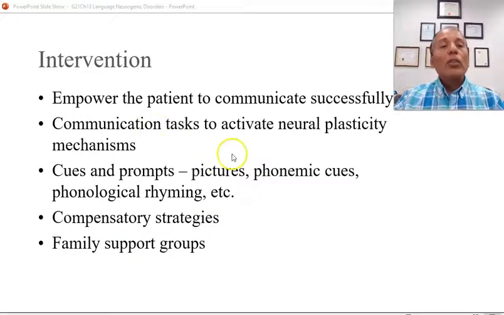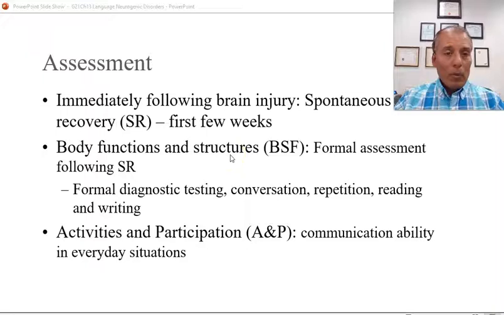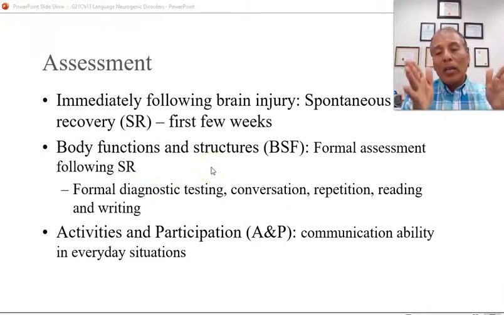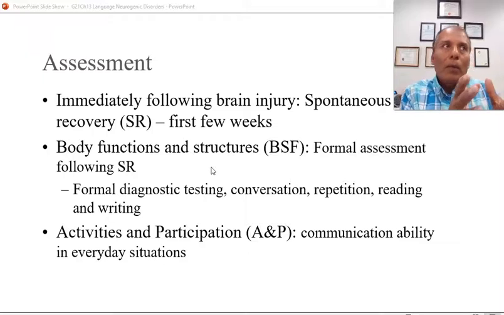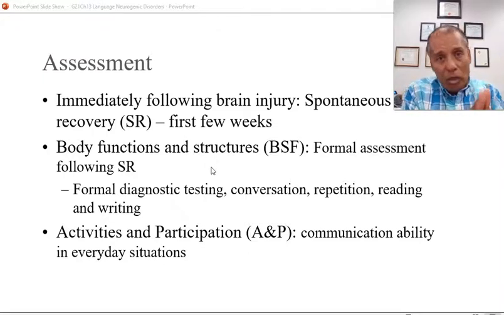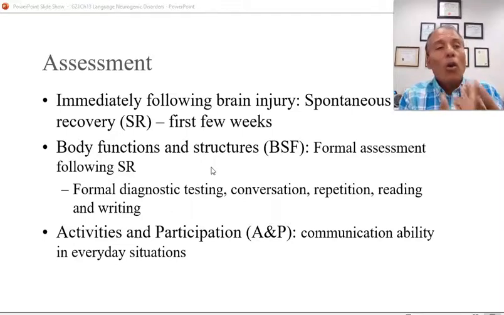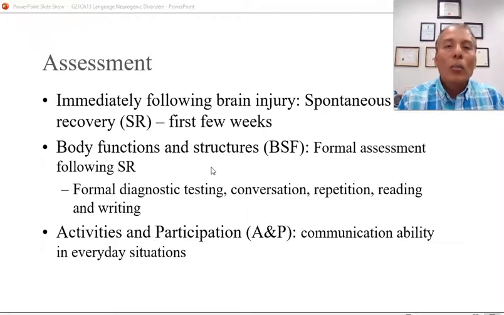In terms of intervention, just 1 minute. For assessment, there are standardized tools that can be used to give you an accurate, objective measurement of the functioning of the individual. And there are also tools that the hospital has, and tools that you as a clinician develop to get additional information.